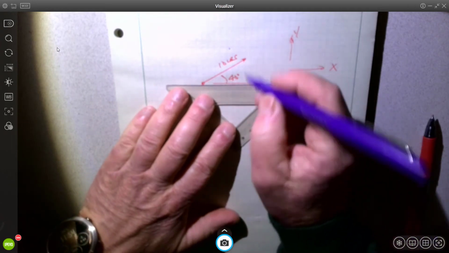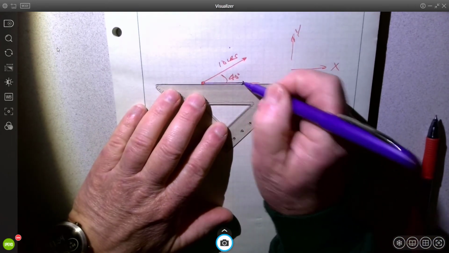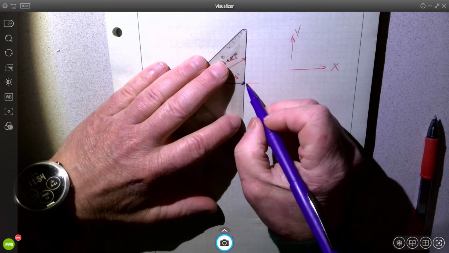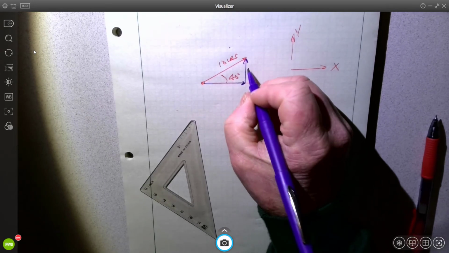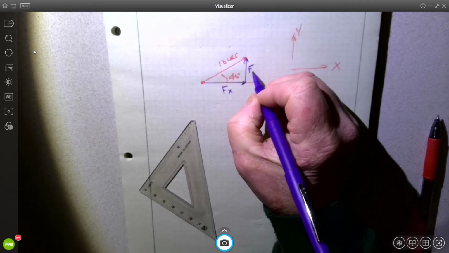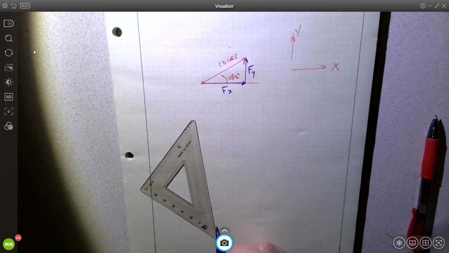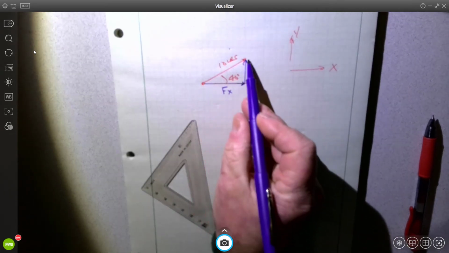And as you can imagine, that essentially gives us a right triangle, because our force in the x, Fx, and our force in the y, Fy, are the horizontal and vertical components of 10. Notice that these two add up to 10.